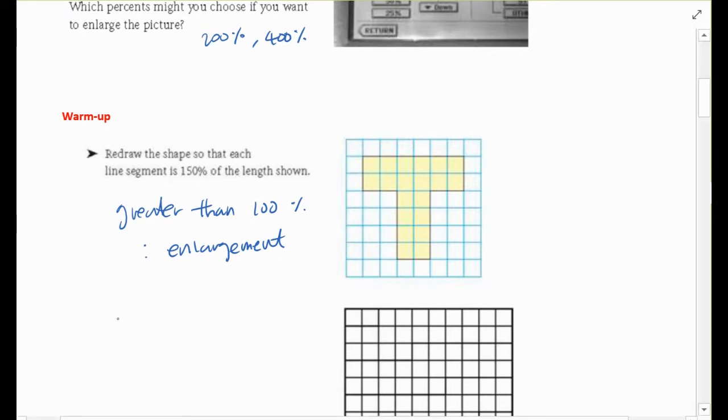And less than 100%, and of course greater than 0, is reduction.